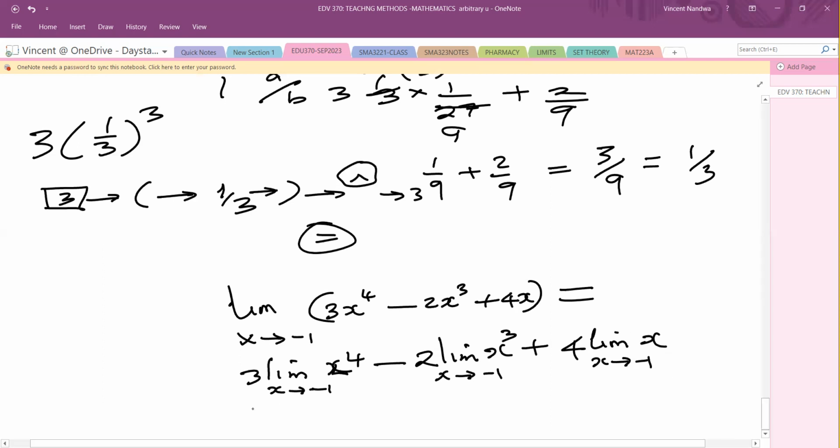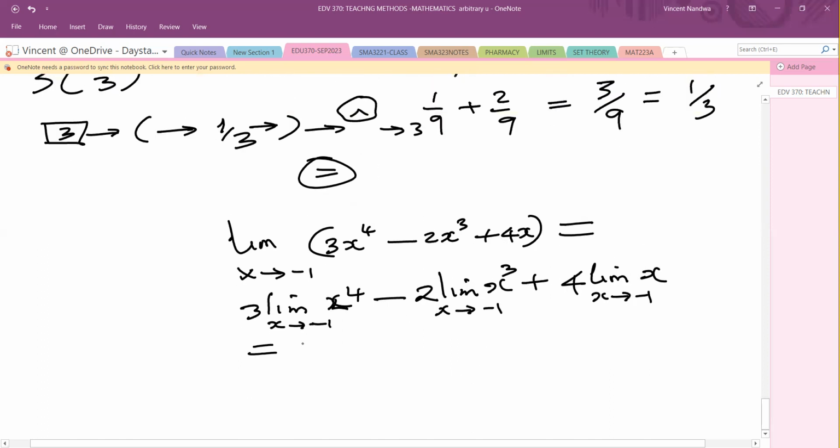Then the next step will be 3 into -1 raised power 4 minus 2 into -1 raised power 3, correct?